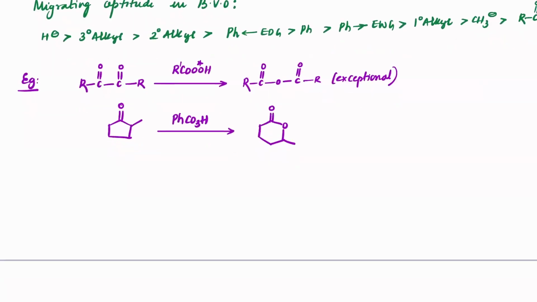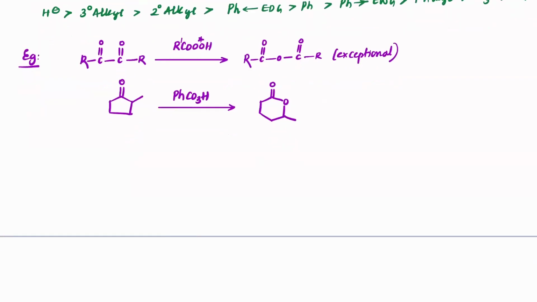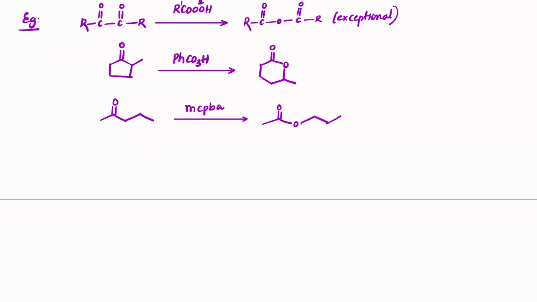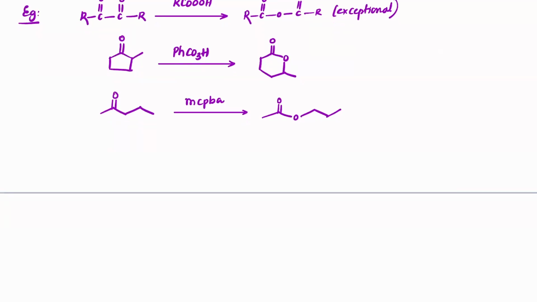Basically, on this side the migrating aptitude is more because this side you have 2 degree, and this side we have 1 degree carbon. So that is the product you will get. Similarly, if you have a ketone here and I treat it with MCPBA, which is meta-chloroperoxybenzoic acid, that will give you the ester on this end. This is the major product formed. Okay, clear?